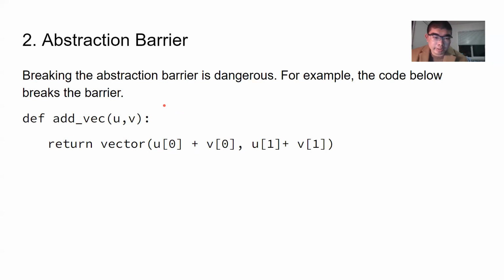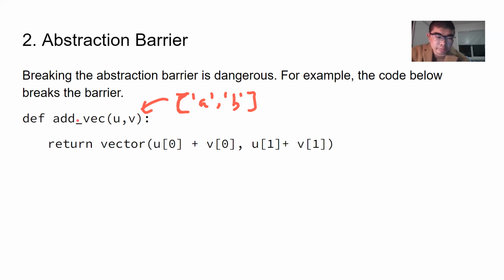Suppose I wrongly put in a list with string A and string B. I have two characters here, and because these two are not numbers, they're actually not vectors.